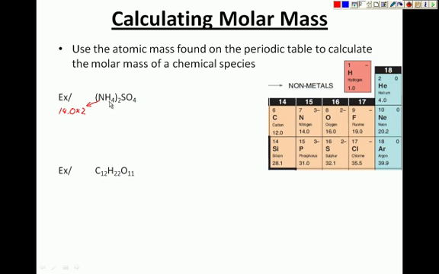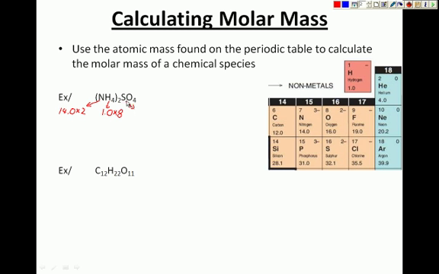Now this one, there's 4 hydrogens here. Hydrogen has a molar mass of 1.0, so 1.0, and this is going to be 4 times 2, so that's going to be times 8.